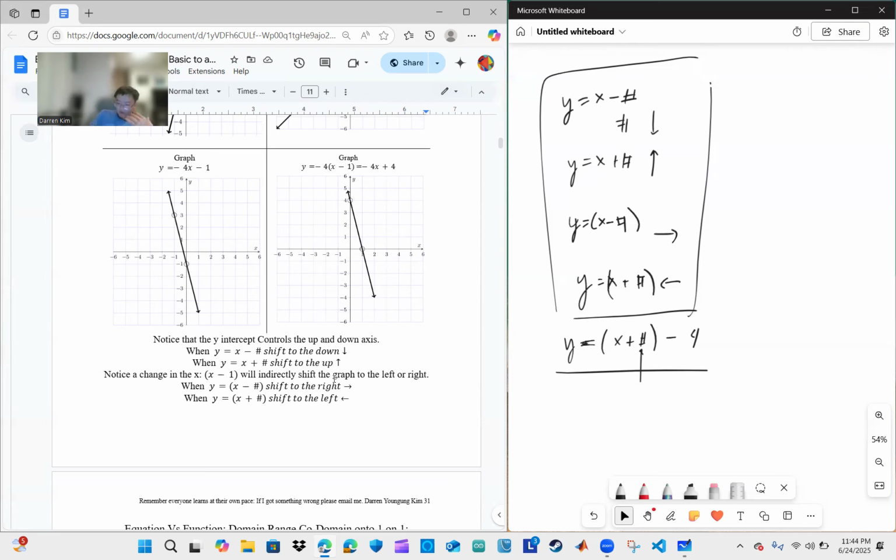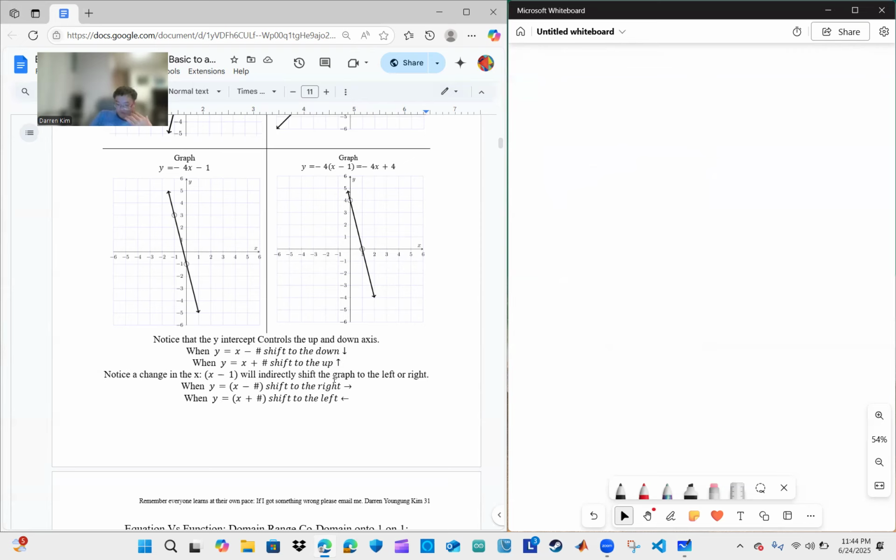Where this plays out often is in higher order terms, or even polar coordinates. If you go into y equals x squared, if you add 1, you just shift everything up. If you do y equals (x minus 1) squared plus 1, you shift everything to the right by 1.